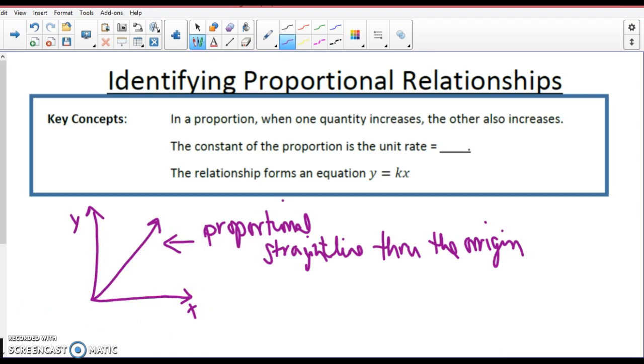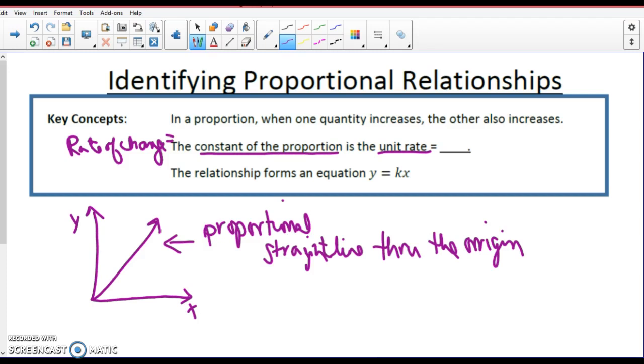Now, the constant of proportionality is the unit rate. It is also called the rate of change. Constant rate of change, constant of proportionality, and unit rate all mean the same thing.